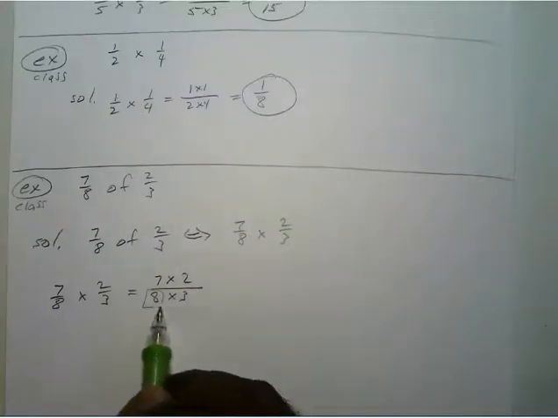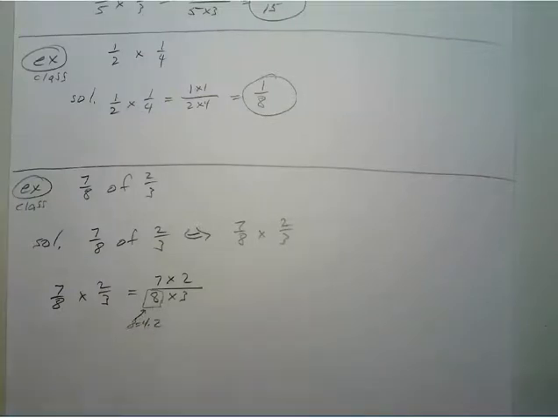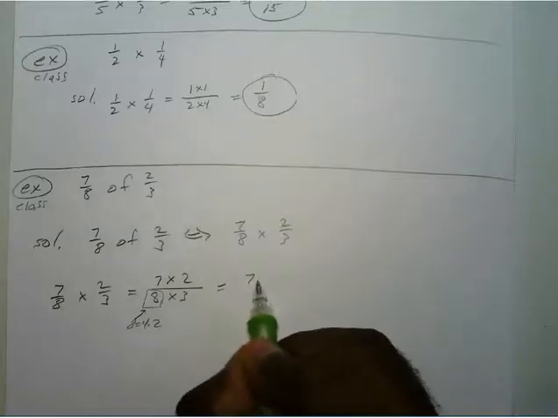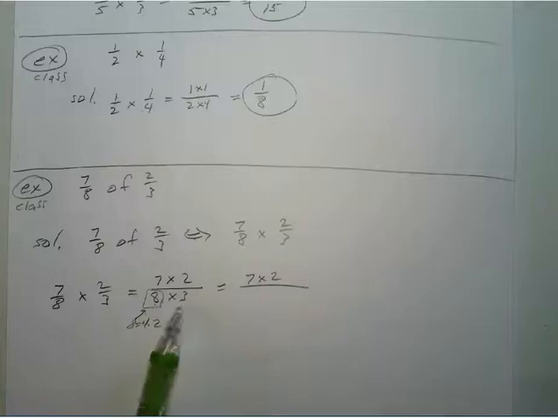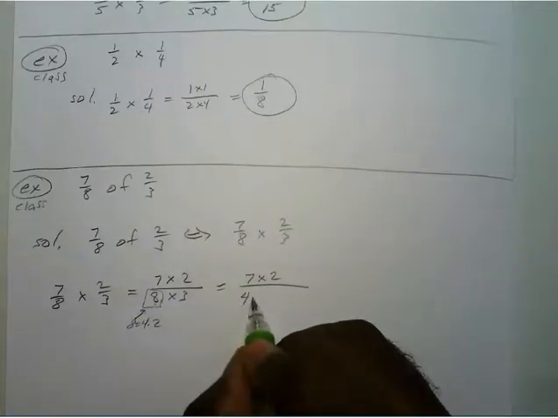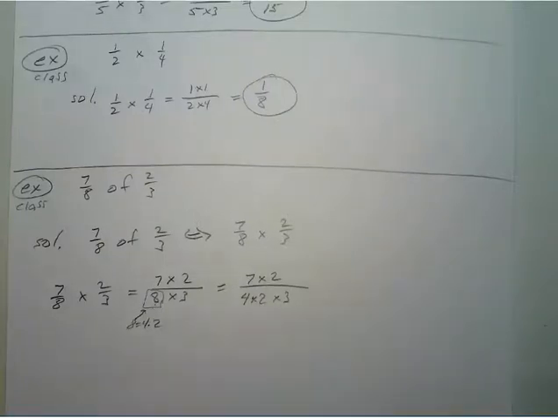Here, we know that 8 is 4 times 2, so we're just going to rewrite it. You have 7 times 2, and instead of 8 times 3, we replace the 8 with 4 times 2, so 4 times 2 times 3. We still have 8 times 3, we just wrote it a little differently.